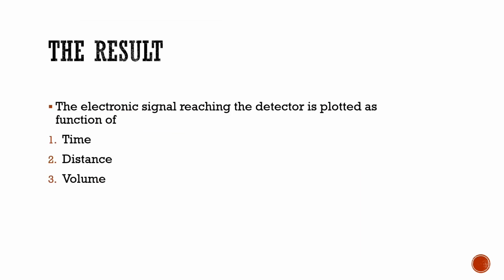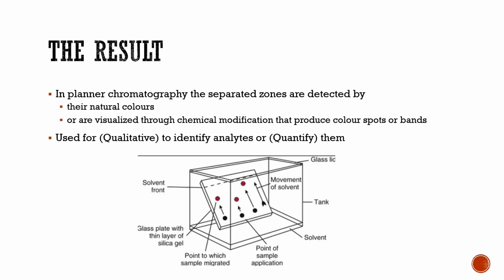The result for a chromatography system, the electronic signal that reaches the detector, is plotted as a function of time, distance, and volume. This is a picture that shows planar chromatography, where you can see the separated zones detected on a layer of paper as it moves up from the solvent.